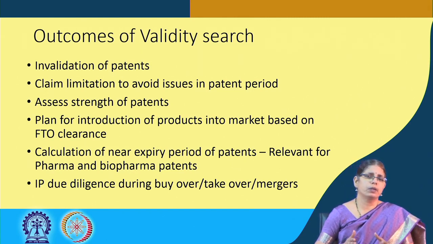Sometimes you may have a drug with a generic application which is ready, and you know that this has great value. One can actually look at, even before the expiry of a patent, invalidating the patent and getting into the market. So, there are procedures available.